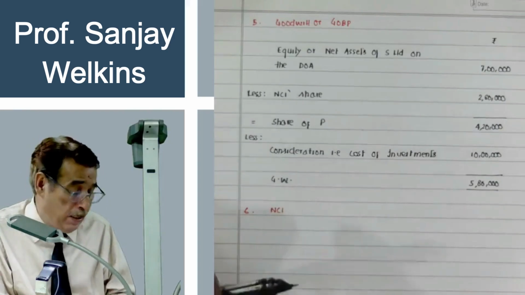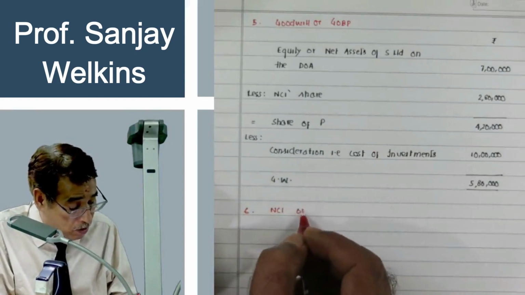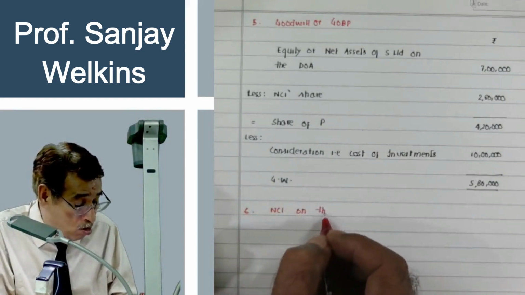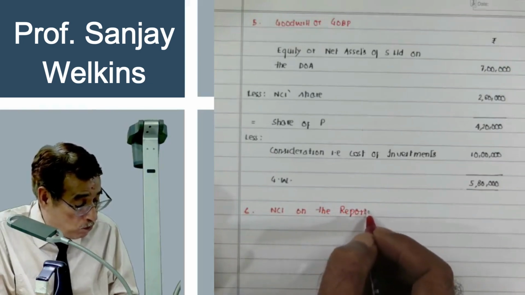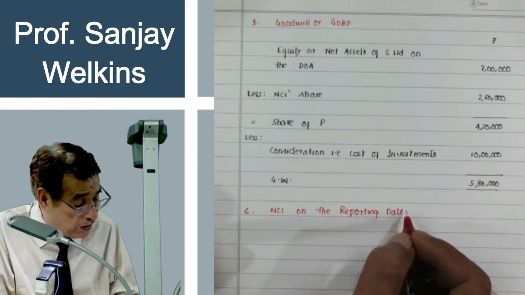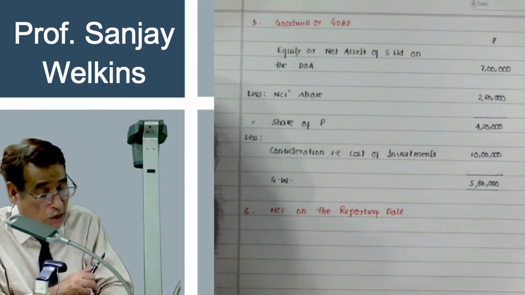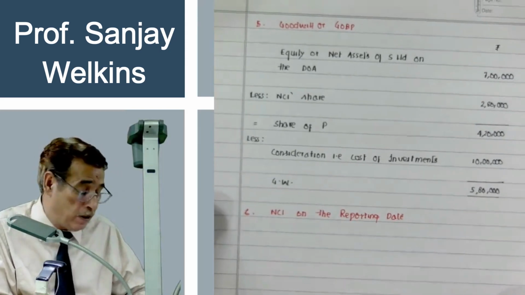And now the next step is NCI. NCI, when I say it, means NCI on the reporting date. So what is the amount of NCI? That means at the end of the accounting year, how much worth of assets belongs to NCI?